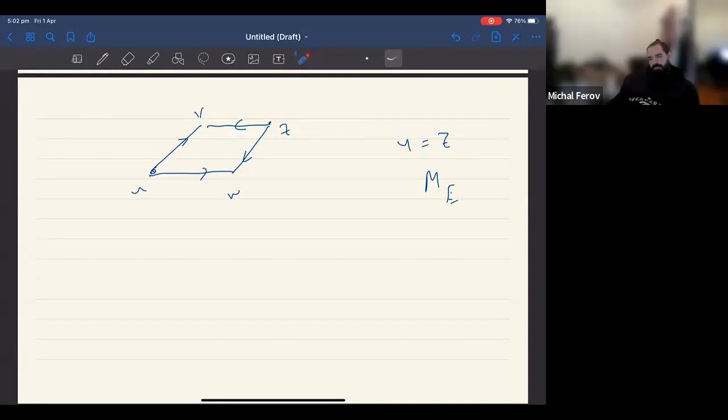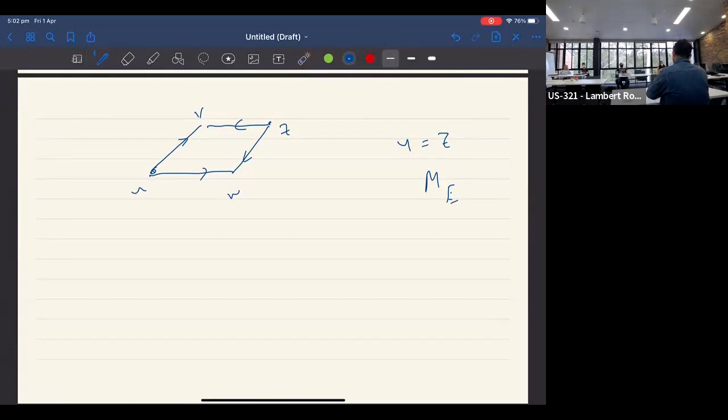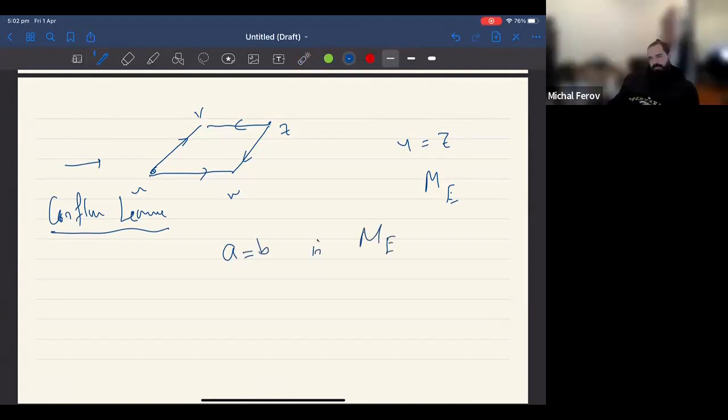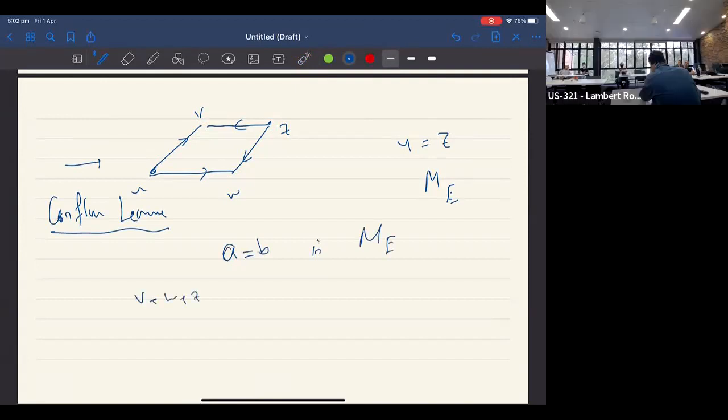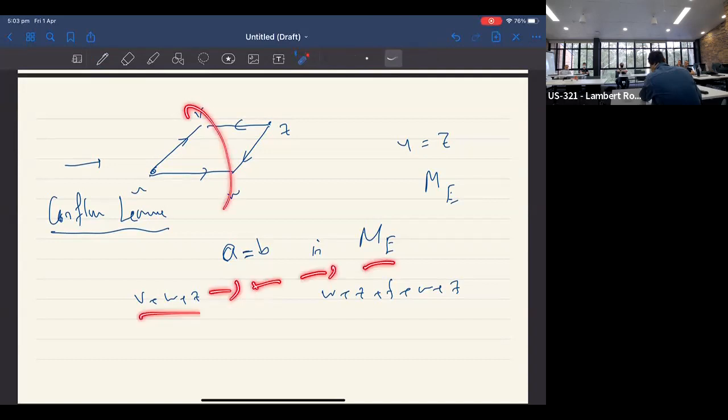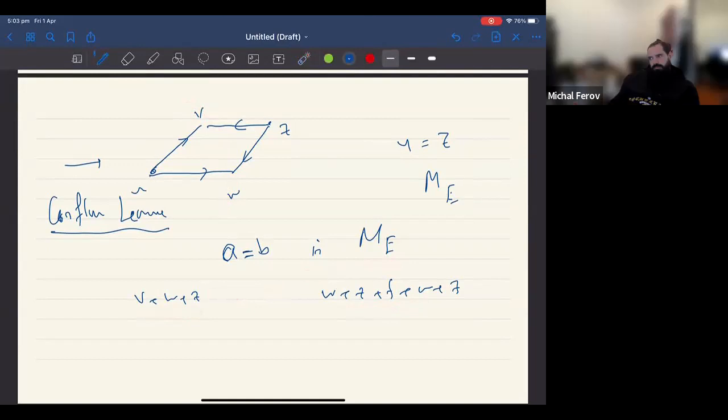The thing that you have, I said, can you solve the equation 4C equals 5C? What you have is this confluence lemma in this setting: if A is equal to B in the monoid, so A is a sum of a bunch of vertices, and B is also a sum of vertices, then being equal means that you keep using these relations of sum in all kinds of ways to get from one to the other.